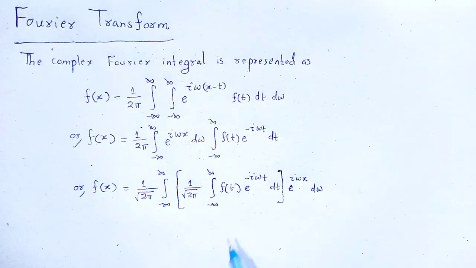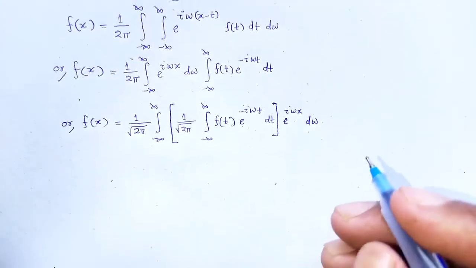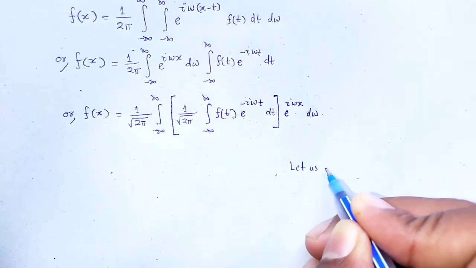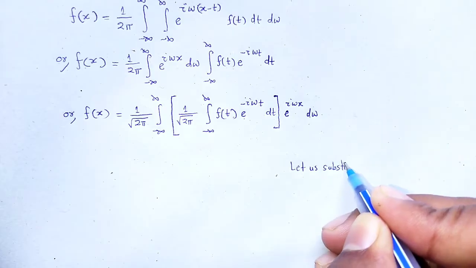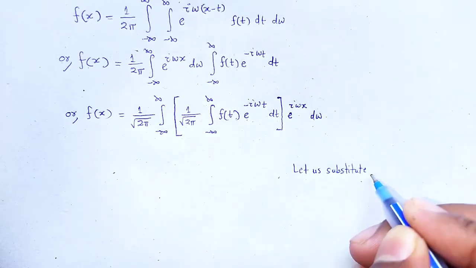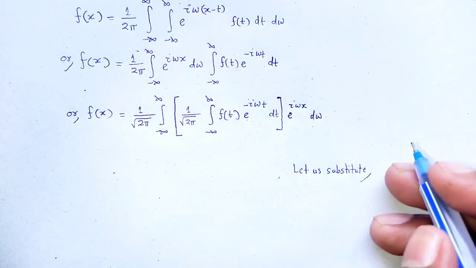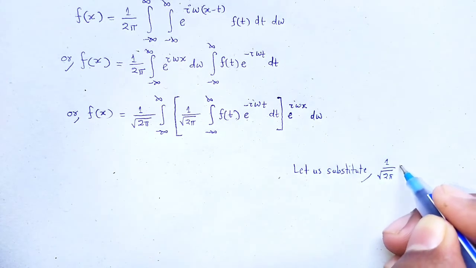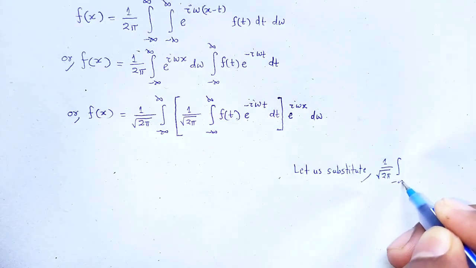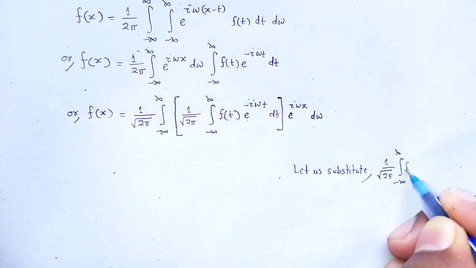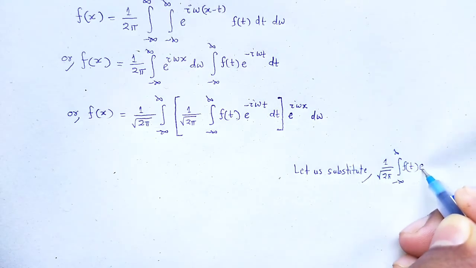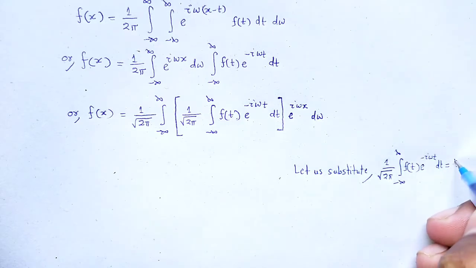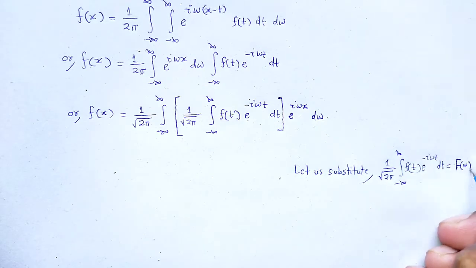Let me substitute the integral 1 by under root 2 pi integration over minus infinity to plus infinity f of t e to the power minus i omega t dt is equal to F of omega.